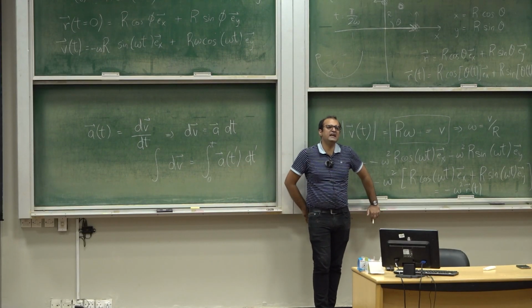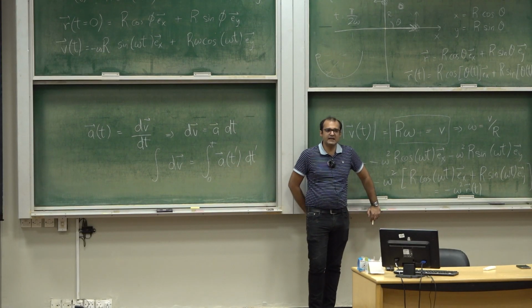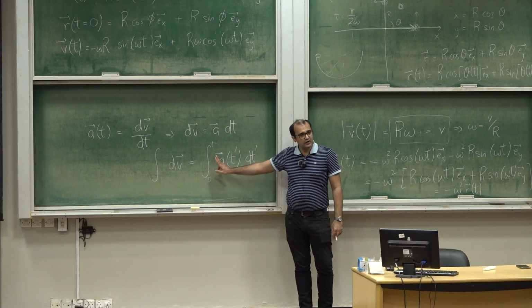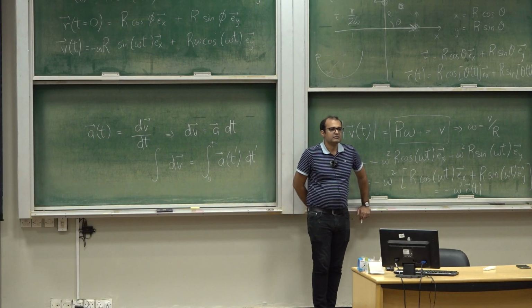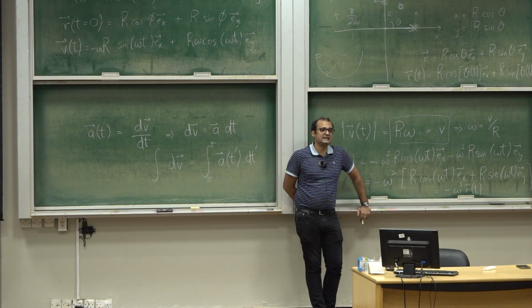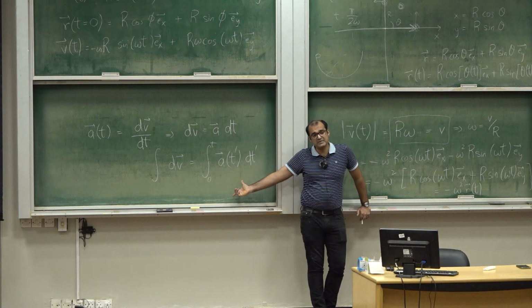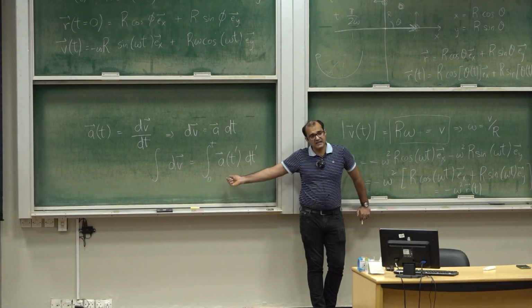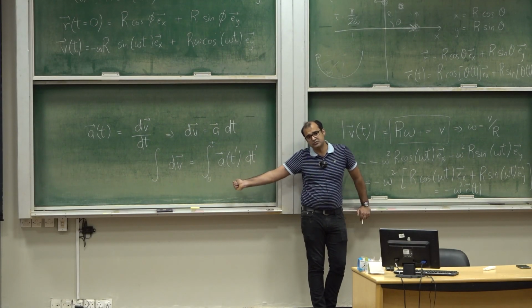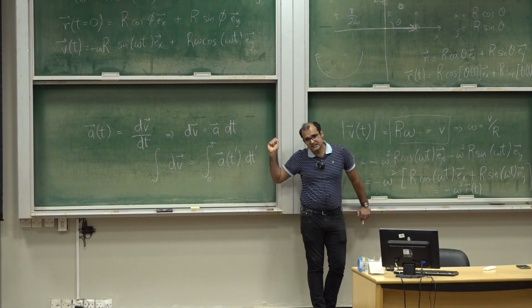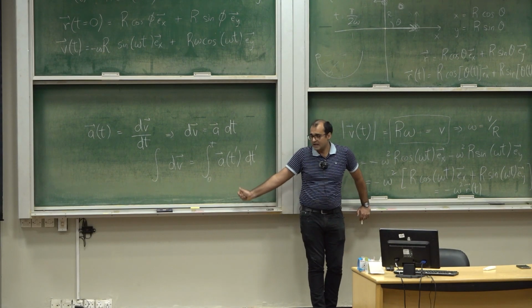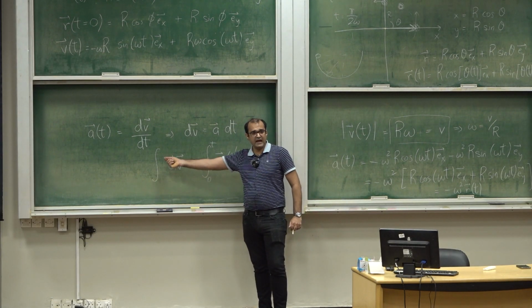Same as you did in 1D. This is exactly the same. The only difference is that you have an arrow on top of a to denote that now your acceleration is a vector. Again, how you actually calculate this sum is a separate issue. If the acceleration was an ordinary function, you know how to do this. But now acceleration is a vector. And same thing over here. How do I add up this?